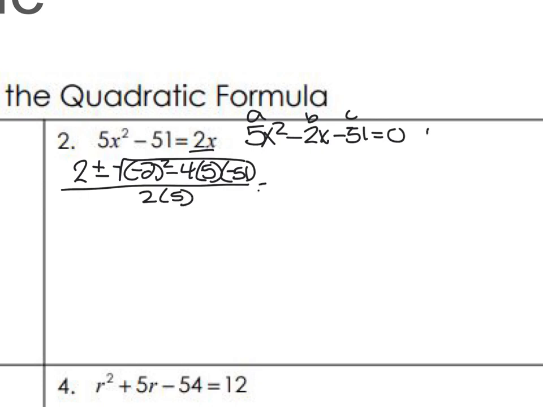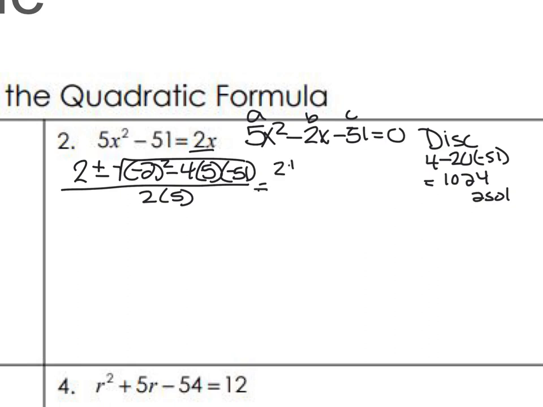So my discriminant, the inside, so be 4 minus 4 times 5 is 20 times negative 51. So your discriminant is going to be 1,024. So we're going to have 2 solutions.